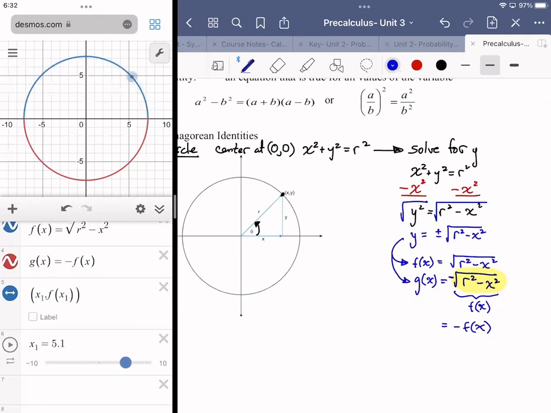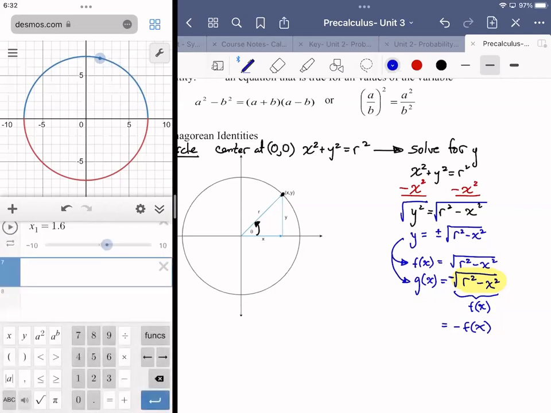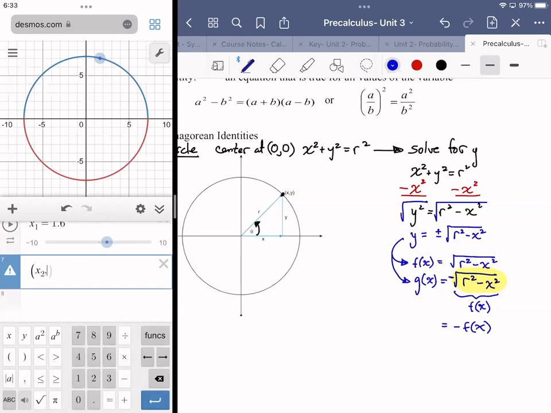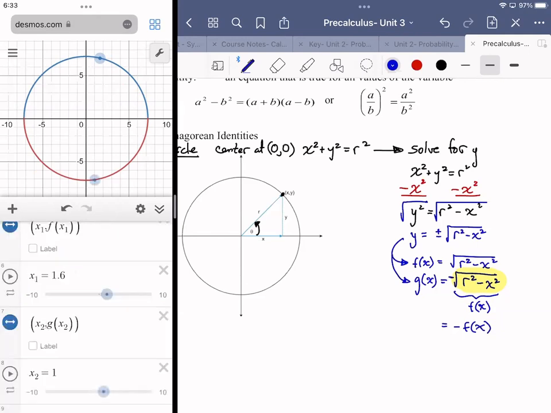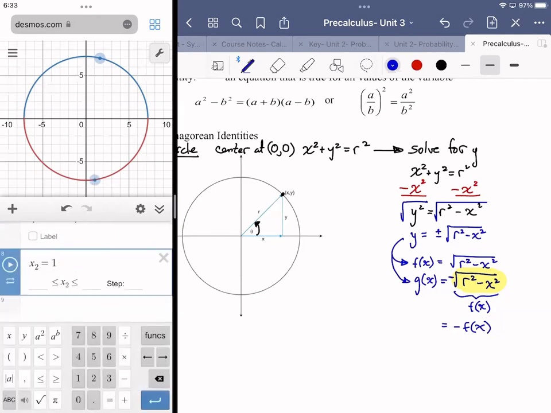That's not 100% necessary, because you can get an idea of what's going on with just the top half. But let's say I do x2 and then g of x2, and create a slider for that, and you have a point that's living on the bottom half.